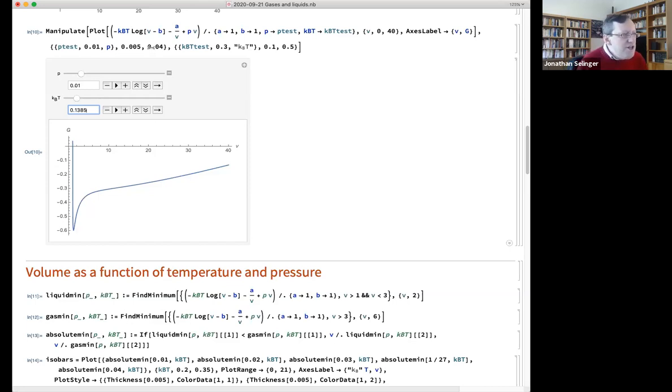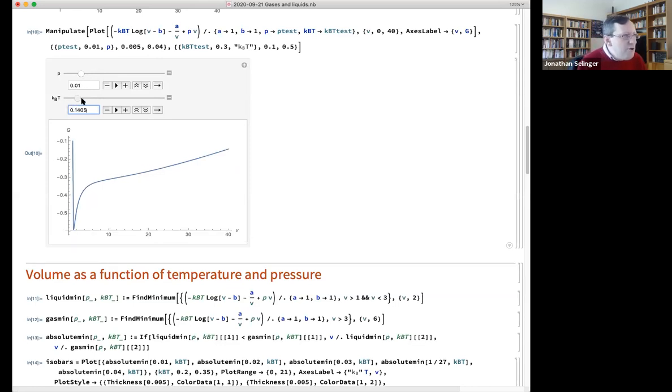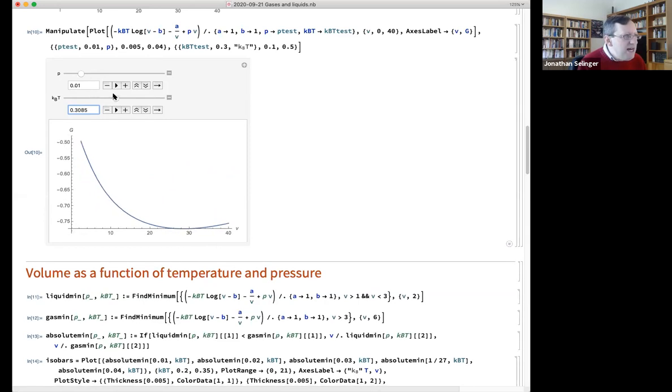Now, this all was happening at a fixed pressure, okay? So a pressure of 0.01 in these weird non-SI units, okay? Let's try to see what happens if we repeat the whole thing at a different pressure, okay?